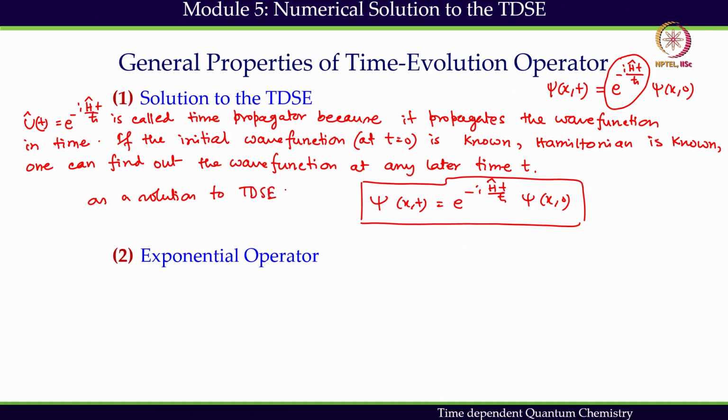Remember, at some point we said that this operator is equivalent to H, and this part came from the TDSE in the derivation, which has been explicitly shown in module 4.